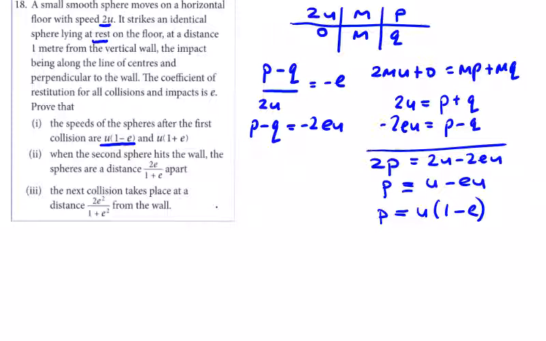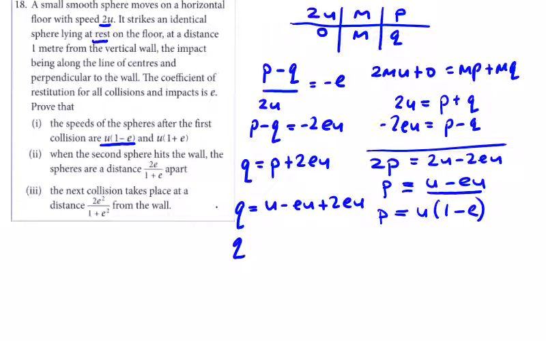Similarly, we sub back in for Q. We get Q is equal to P plus 2eu, so Q is u minus eu plus 2eu, which gives u plus eu. So Q is equal to u times 1 plus e.